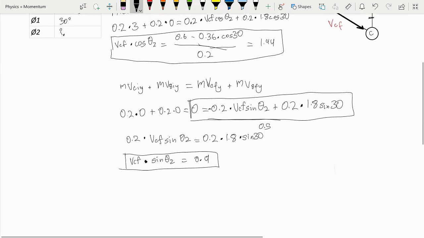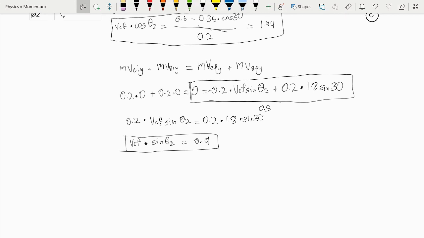But what we can do is we can leverage this trigonometry identity, where sine squared theta plus cosine squared theta is equal to 1. So if we use this identity over here, we can use this to sort of help us eliminate this theta 2 and solve for VCF, and then later we can go back and solve for theta 2.